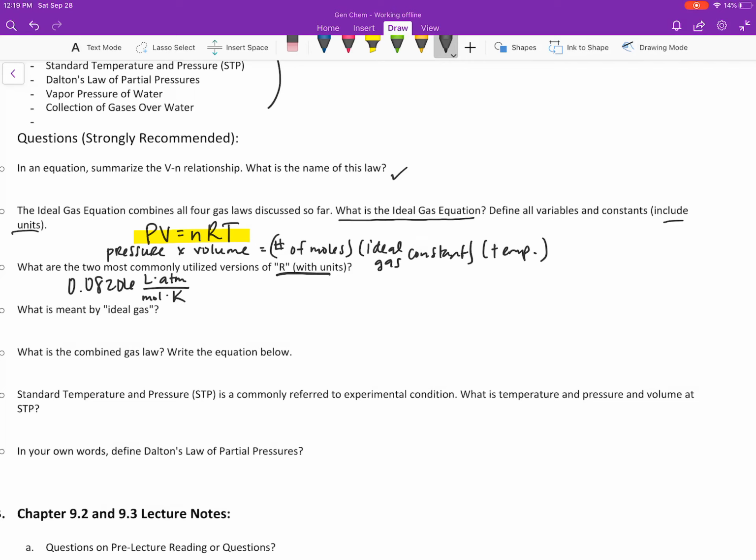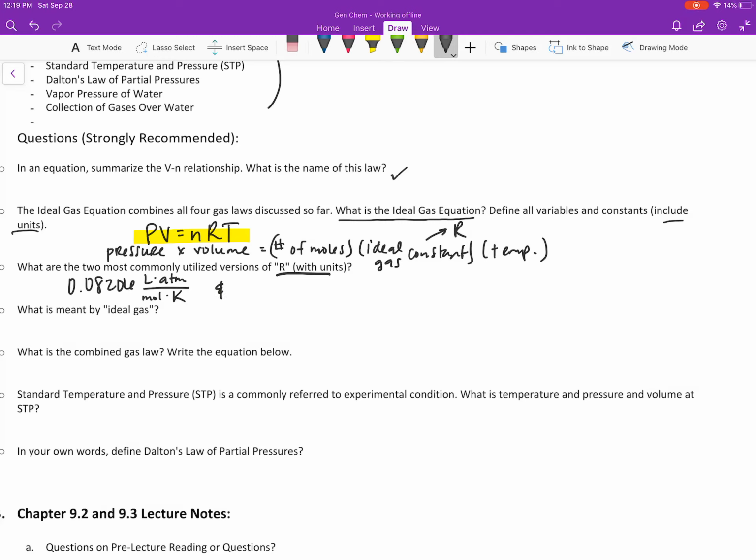Here you can see clearly the units. The units of pressure in this case are atmospheres, volume is liters, moles is moles, and temperature is Kelvin. So the ideal gas constant that you use will dictate what the units of pressure, volume, moles, and temperature may be.